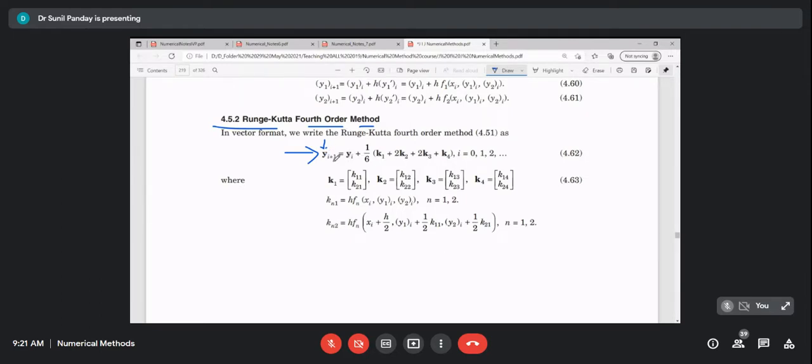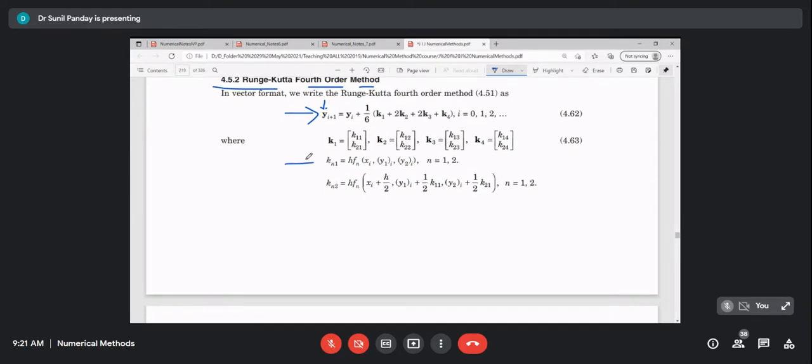So y(i+1) equals yi plus 1 by 6 (k1 plus 2 k2 plus 2 k3 plus k4), and this k1 has the entries k11 and k21. These are the entries of the bold face k1 matrix. Similarly, the k2 matrix has entries k12, k22, k3 has k13, k23, and k4 has k14 and k24.